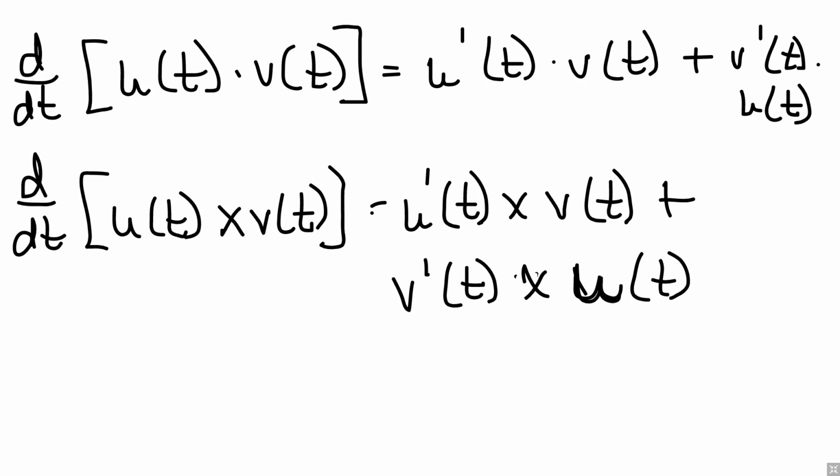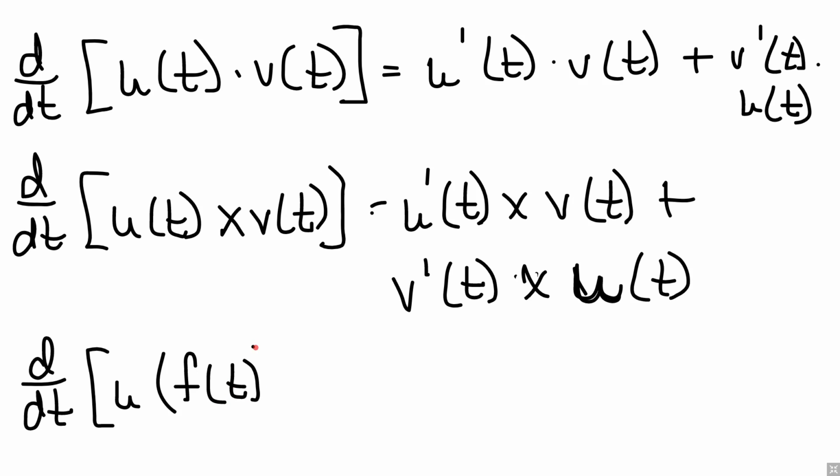And then the last rule we have deals with the chain rule. With the chain rule, we're taking the derivative with respect to t of a vector function defined as so.